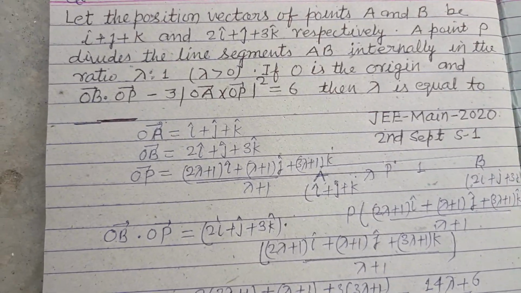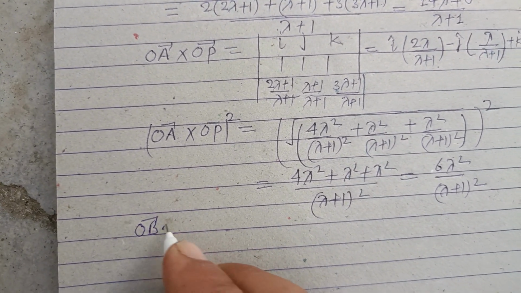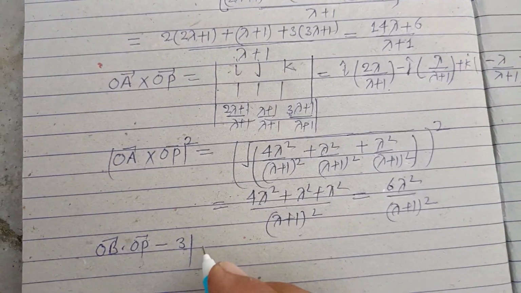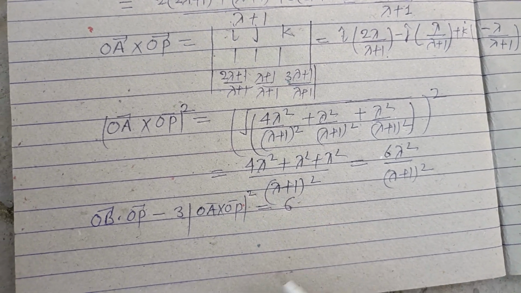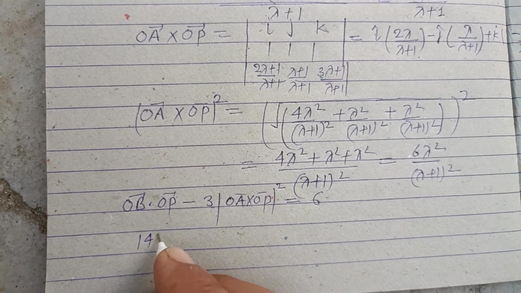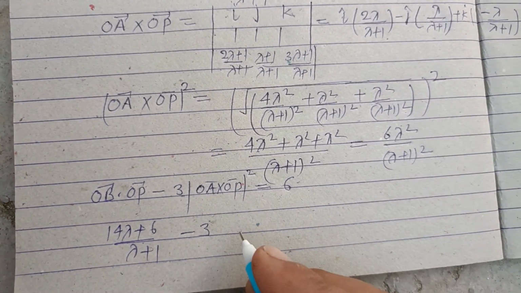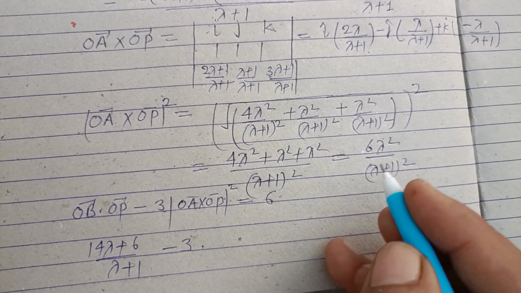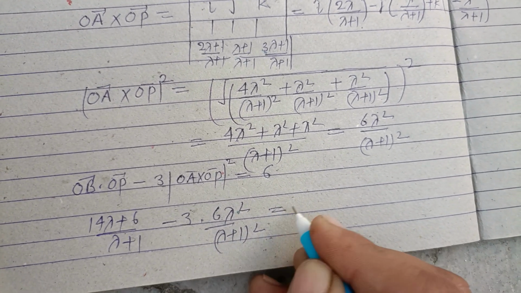Now the given condition is OB dot OP minus 3 times the cross product of OA into OP, whole square, is given to be 6. Putting these values here, this is (14 lambda plus 6) upon (lambda plus 1) minus 3 times 6 lambda square upon (lambda plus 1) whole square, which is given to us as 6.